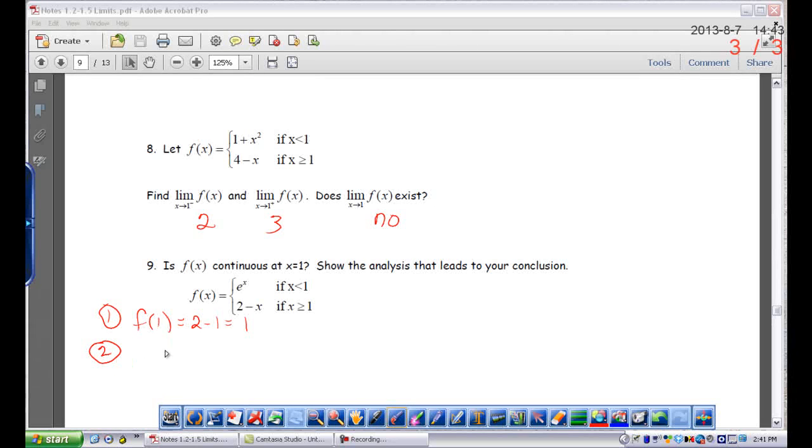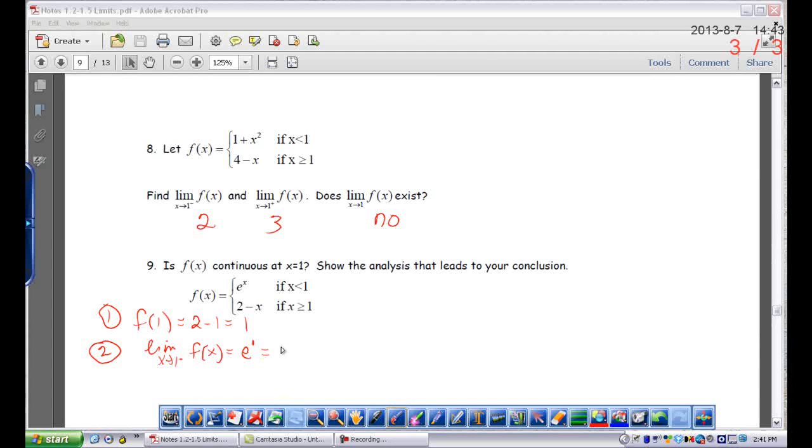The next thing we need to do is find the limit as x approaches 1. And because it's a piecewise function, I'm going to have to find the left and the right limits. So the limit as x approaches 1 from the left, that's going to be where x is smaller than 1, or to the left of 1, so I'm going to use the top equation. So I'm going to plug 1 into e to the x, and I get e to the 1, or e.